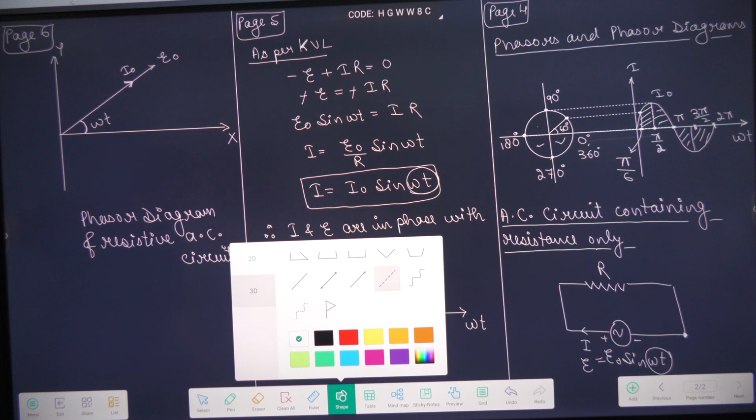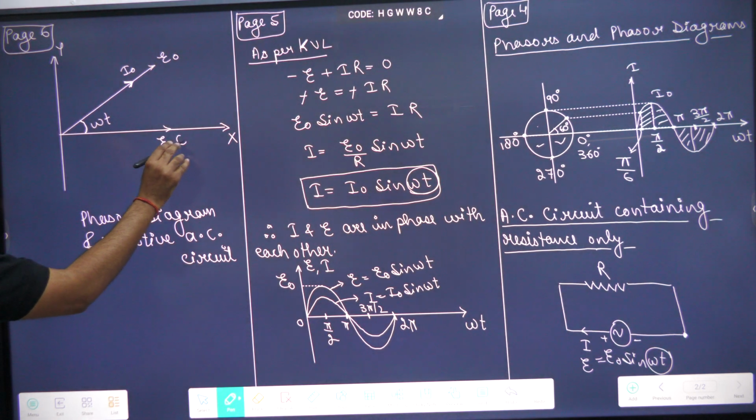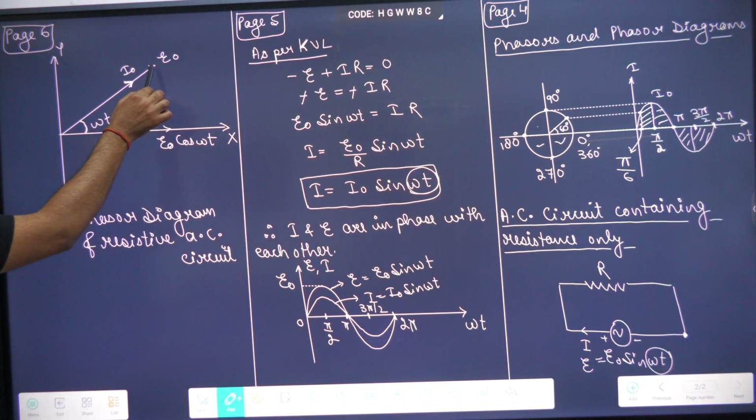Anusha, are you getting it? Look, if I draw the horizontal component of E naught, it is E naught cos omega t. But I am not interested in cos omega t. I want to know what sin omega t is.